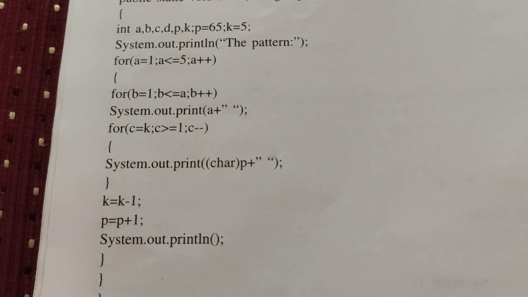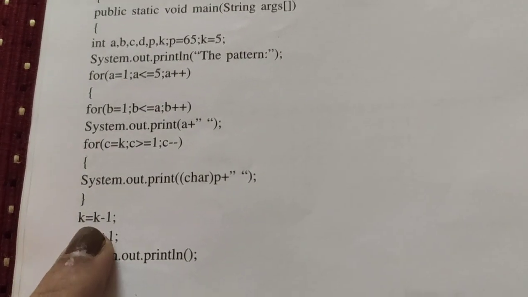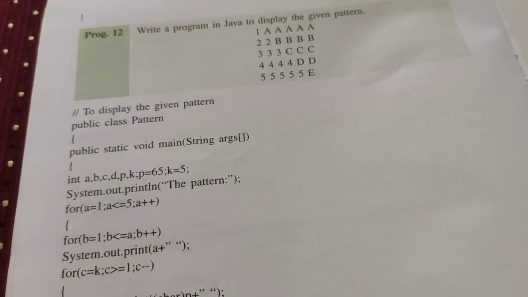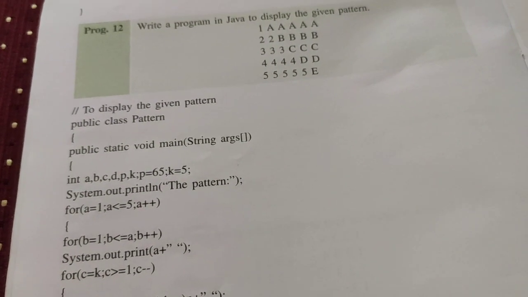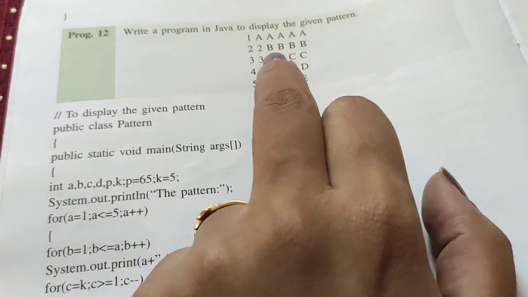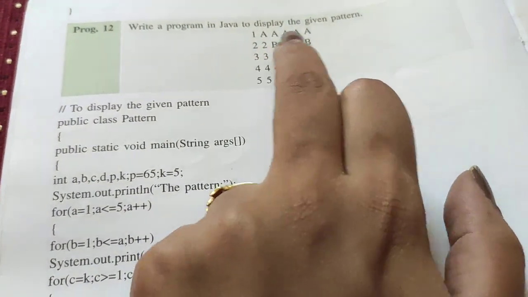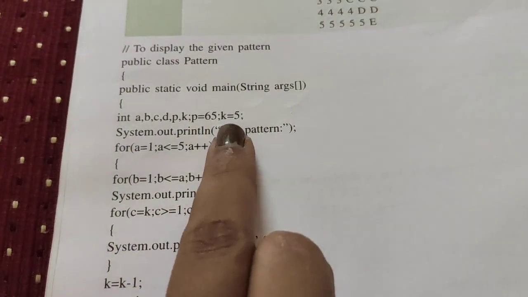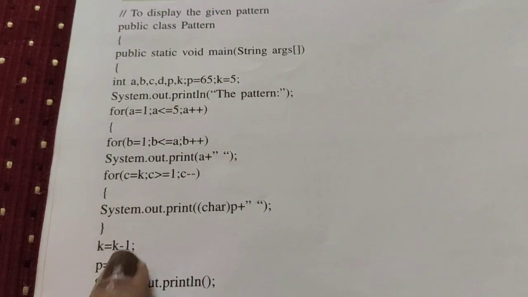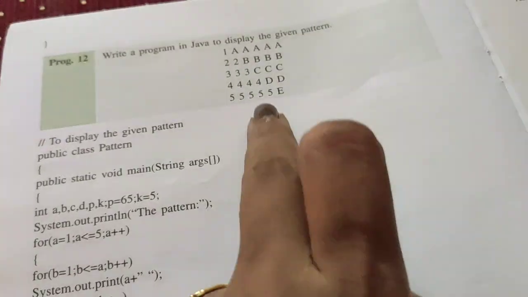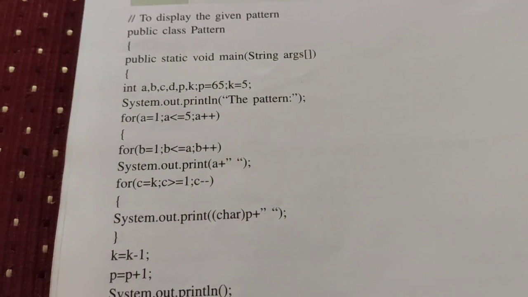Then they are going to the next line. Why they are initializing k is equal to k minus 1 is, see here, in the second line you are having the alphabet only 4 times. First it was 5 times, k was initialized to 5 and you are printing a 5 times, and in the next line b is going to be printed only 4 times.